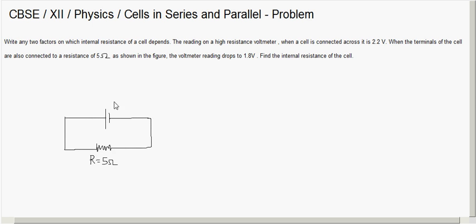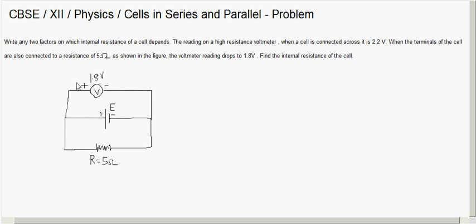And when connected to the voltmeter, it reads 1.8 volt. Let the EMF of the cell be E. This terminal is plus, minus.